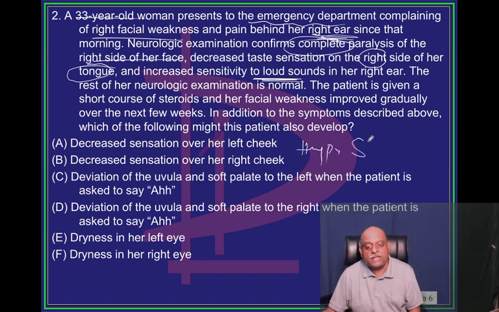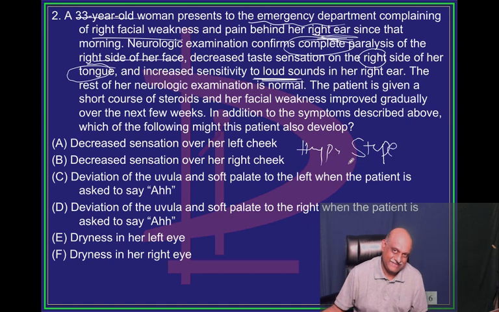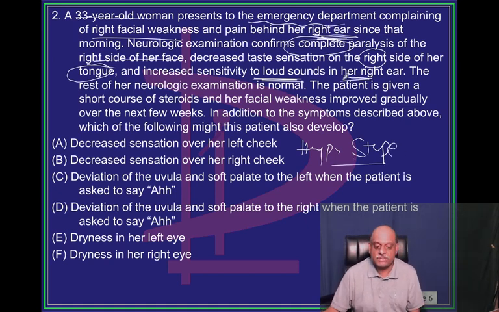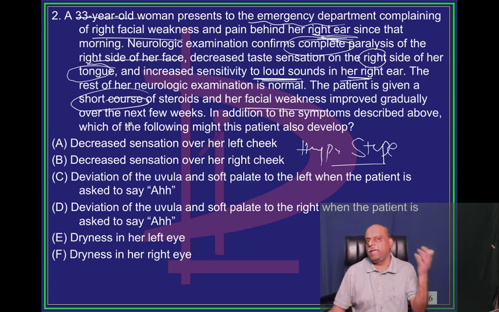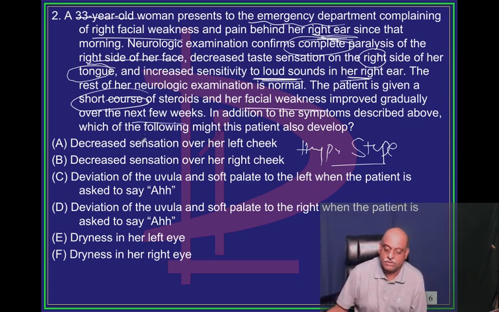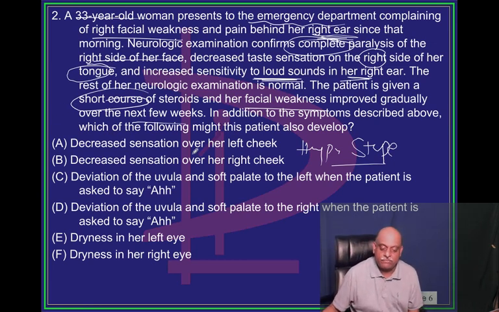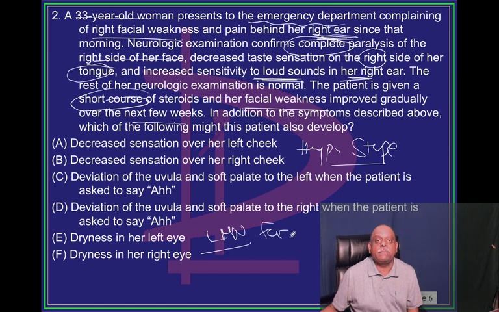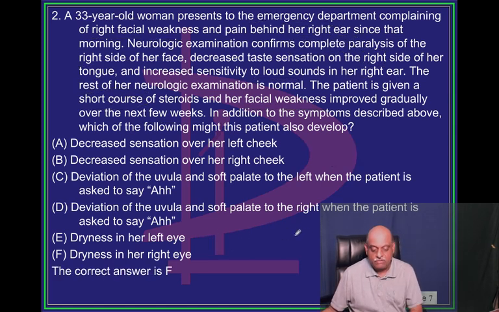Whenever the stapedius muscle is paralyzed, we get hyperacusis. The rest of the neurological examination is normal. You have given a short course of steroid and her facial weakness improved gradually over the next few weeks. So this is a classical example of a lower motor neuron type of facial paralysis, facial nerve palsy.